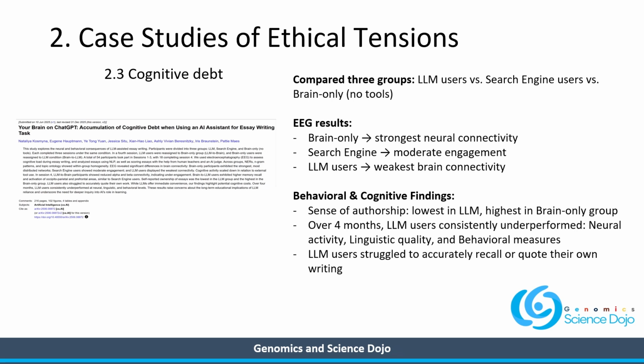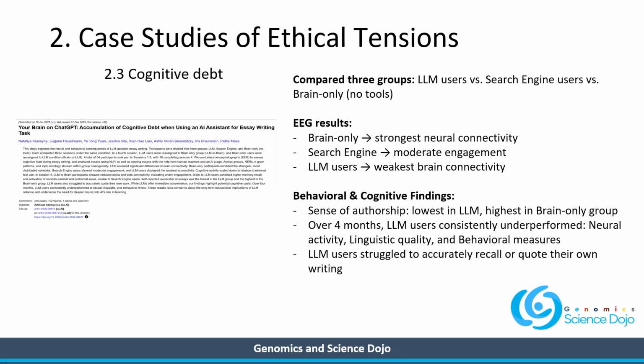Essentially, you're losing your ability to critically think, to memorize, or to use your critical thinking capacity in a more rigorous manner, because you outsource all of your critical thinking to these AI tools.